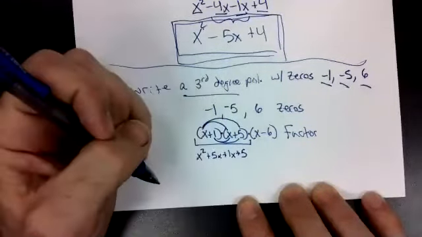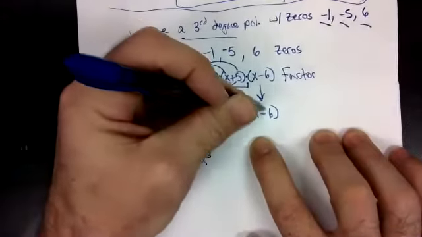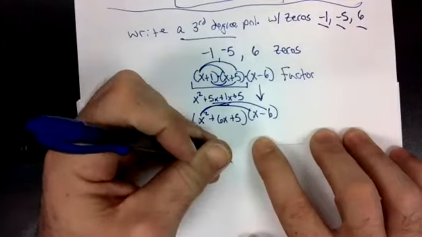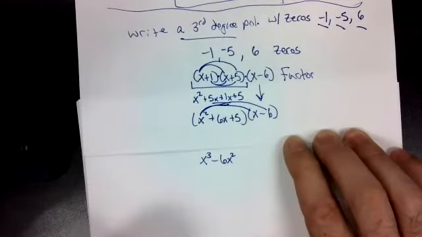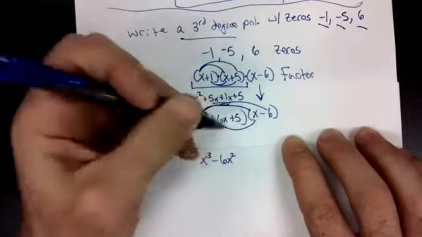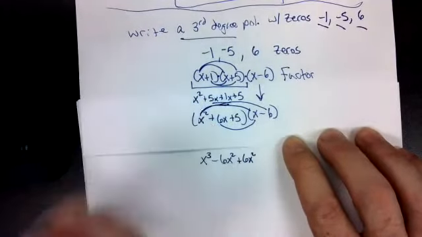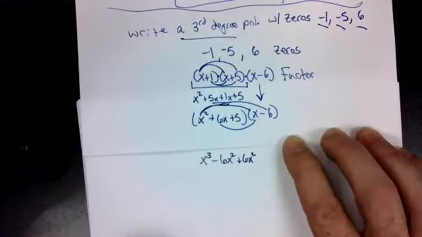And we've got to multiply that times x minus 6, which again is even more distribution, so we've got x squared times x, which is x to the third, x squared times negative 6 is negative 6x squared. 6x times x is positive 6x squared. 6x times negative 6 is negative 36x.